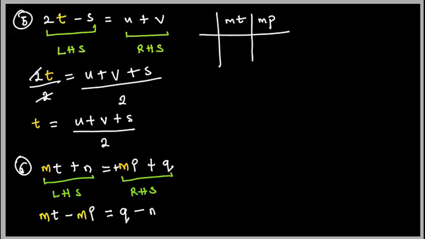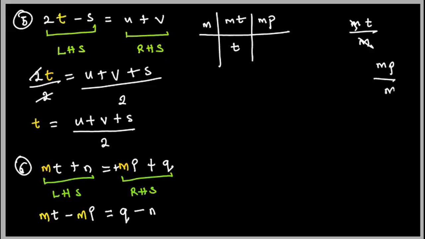What can divide mt and mp at the same time? M should do that. Mt divided by m, m will cancel out, and as you can see, we have t left. Put down t. Now, let m divide mp like this.